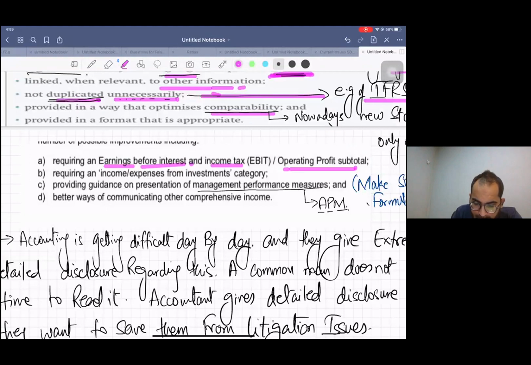Then requiring income and expenses for an investments category. Yes, nowadays there is no separate breakup for investment income in the income statement. Look at me. In the cash flow statement, boys and girls, please hear. In the cash flow statement, yes, there is a separate section of investing activities. I agree.